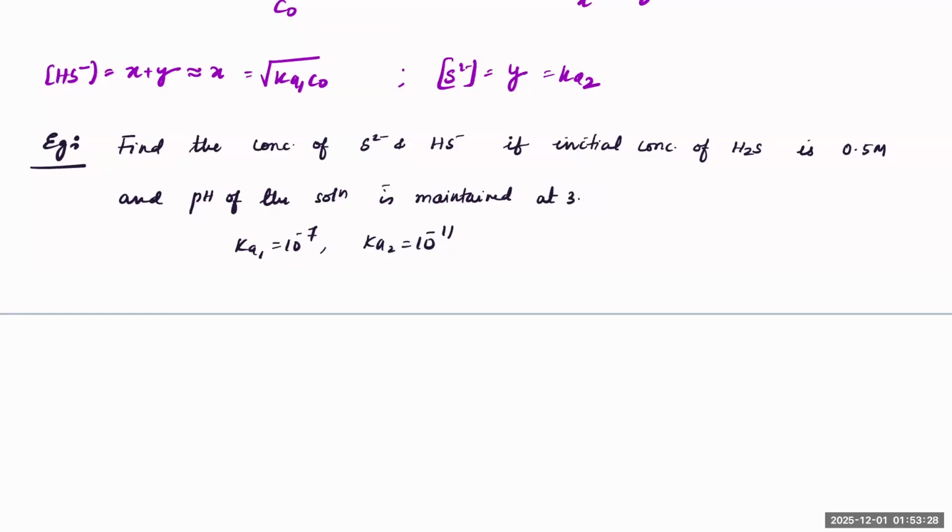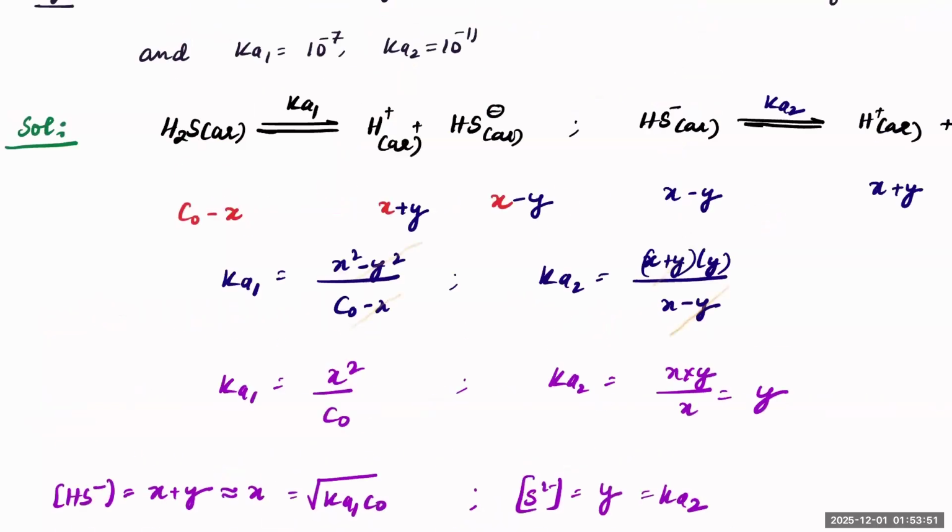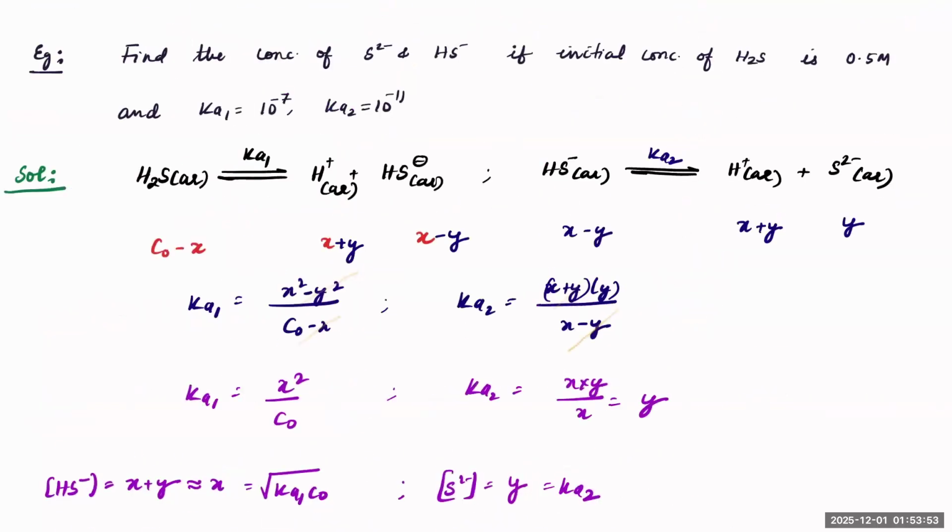If the pH is maintained at 3, how do I calculate the concentrations? So please notice. I'll borrow the equilibrium equations from above.